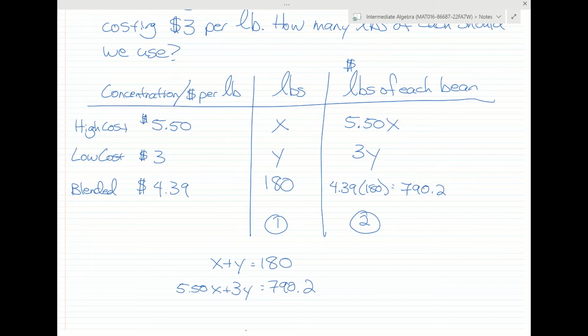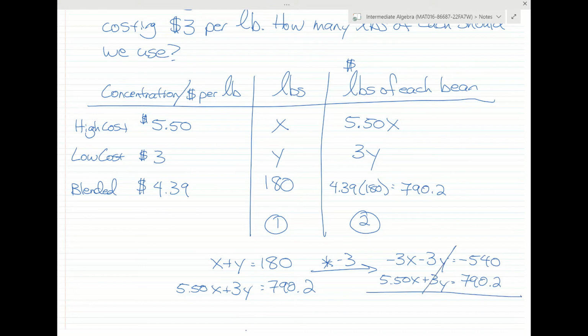You have to do elimination. I'll eliminate the y's by multiplying this top equation by -3. And then we'll just solve these by adding them together. So it'll be 2.5x is equal to 790.2 minus 540.